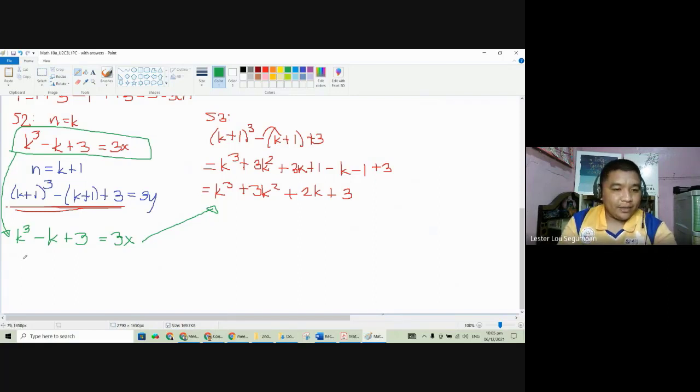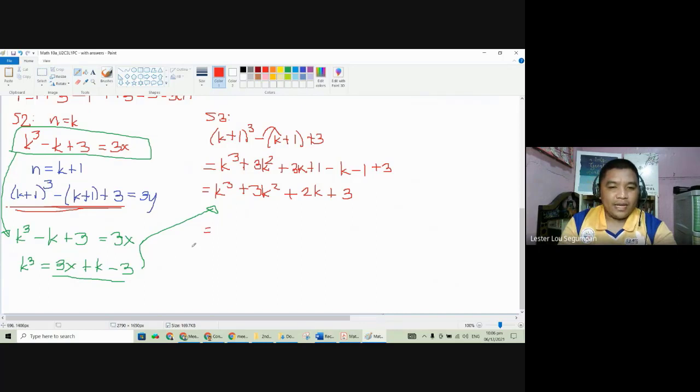So we have here k cubed. Remove these two terms, you will have 3x. The minus k will become plus k, and the plus 3 will become minus 3. This is now the expression that we could substitute for k cubed as we continue.